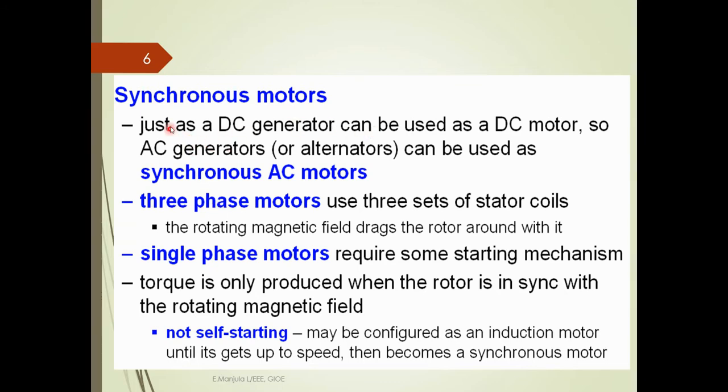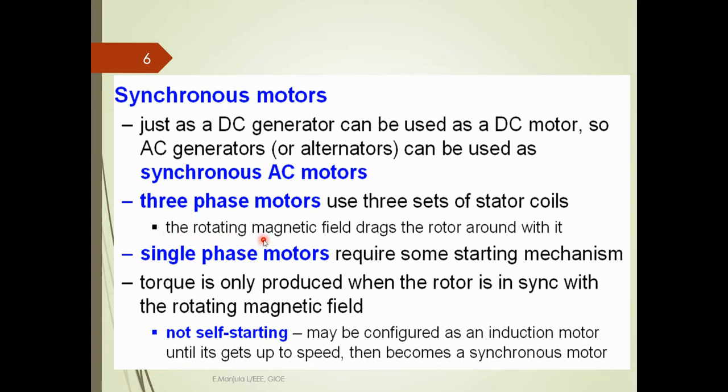So a synchronous motor is just like a DC generator and can be used as a DC motor. AC generators or alternators can be used as synchronous AC motors. Three phase motors use three sets of stator coils.